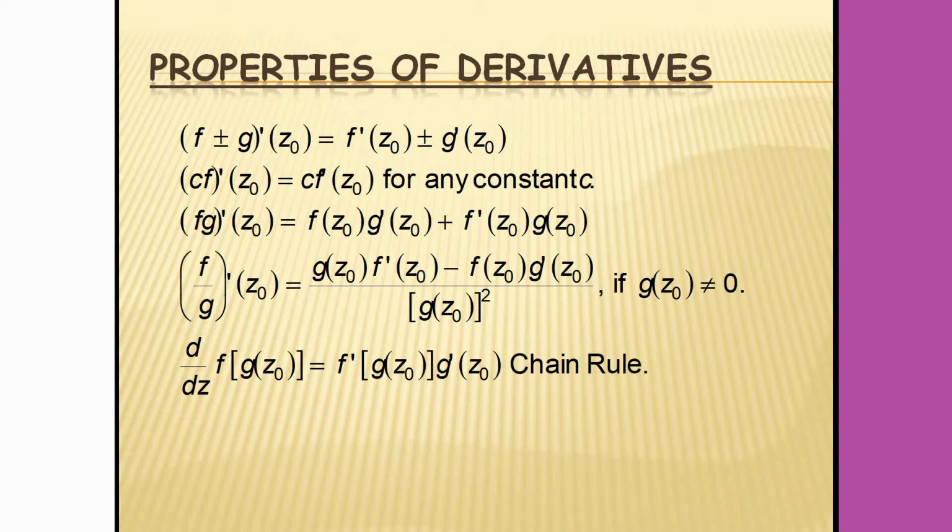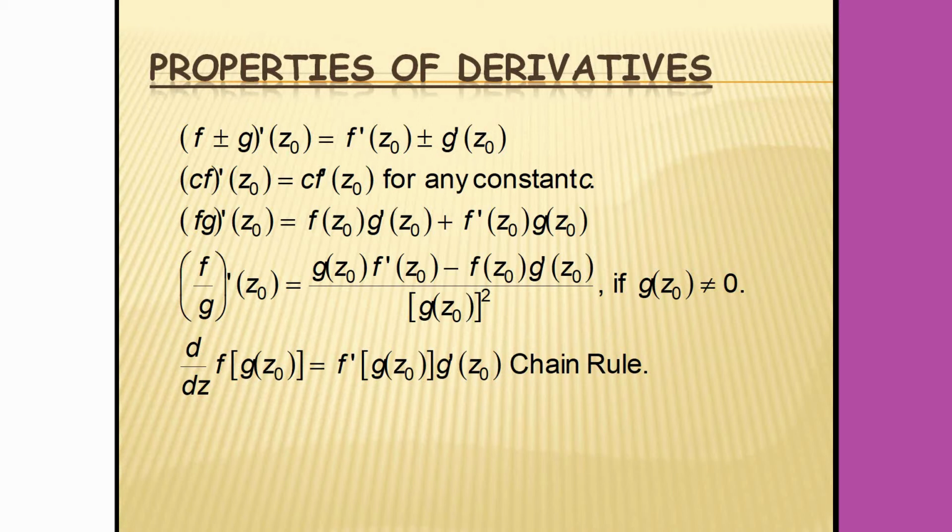For the product of two complex functions, we use the product rule as defined in the set of real numbers: keep the first function f of z as such and differentiate the second function g at z naught, plus keep the second function g of z as such and differentiate the first function at that point.